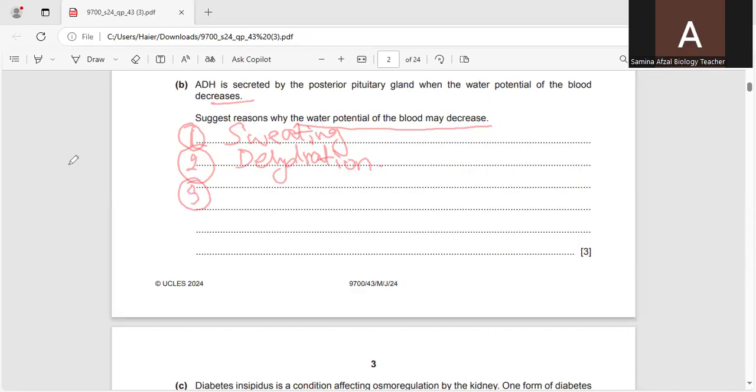In this way, dehydration takes place in the body. And sometimes, due to more frequent urination as a result of a cold environment, the water potential also decreases.